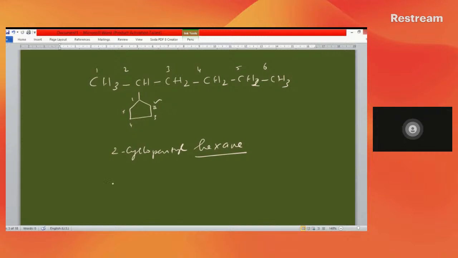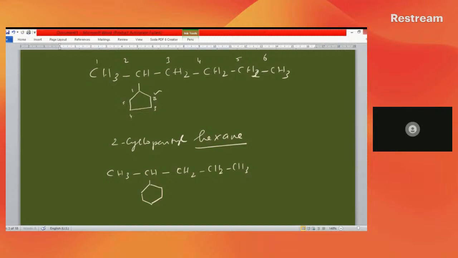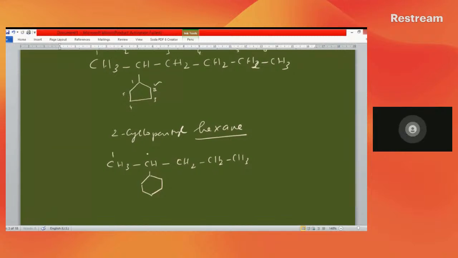In opposite to that, CH3, CH2, CH3. If you find a ring structure like this, it differs. You see the number of carbon atoms in a linear chain, that is 5.